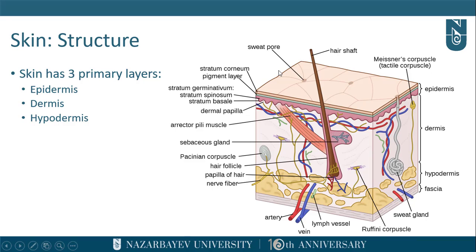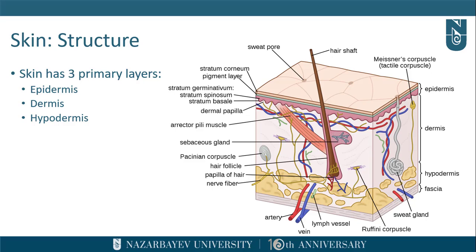Regarding the structure, it has three layers, which are the epidermis, dermis, and hypodermis. The epidermis contains keratinized cell layers, which are dead, and all layers of the epidermis have cells called keratinocytes.